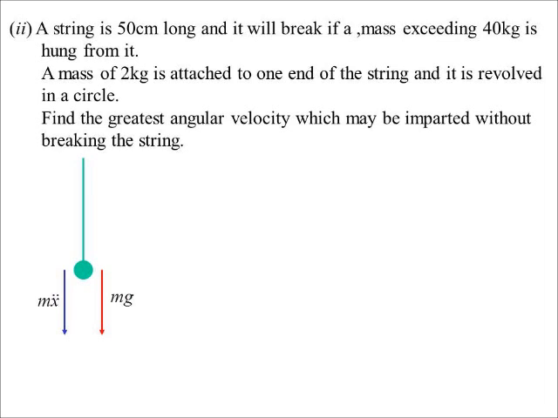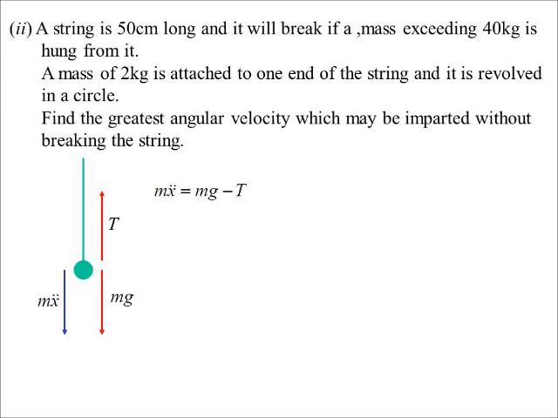I'm not doing anything other than just hanging there. So we know there's going to be tension in the string. Whenever you have something attached to a string, there will be a tension force going up the string. T for tension, we shall call it. The resultant force, because it's hanging there and beautifully stable, is mg minus the tension.